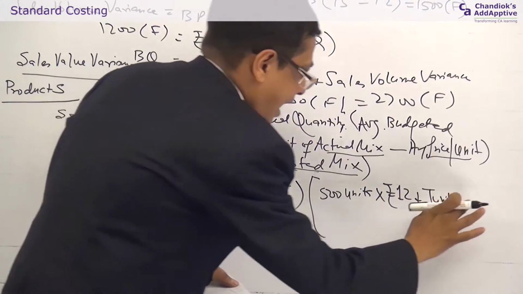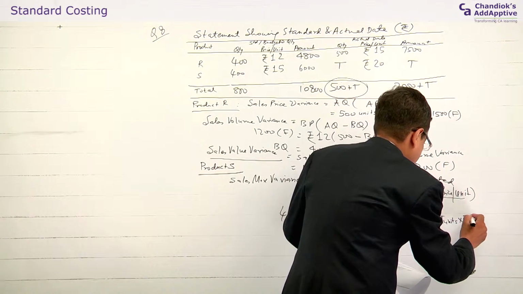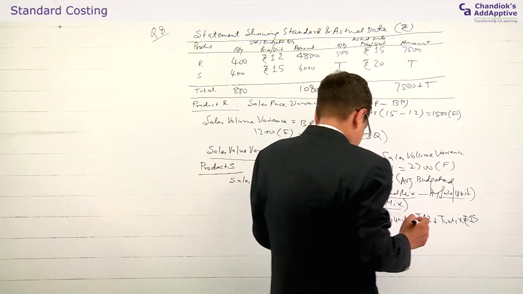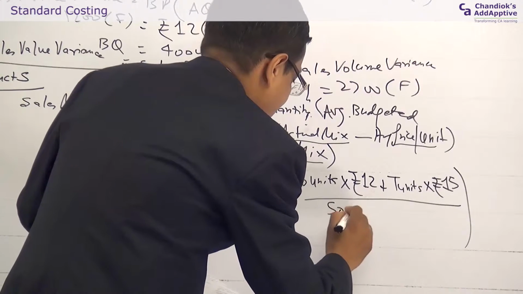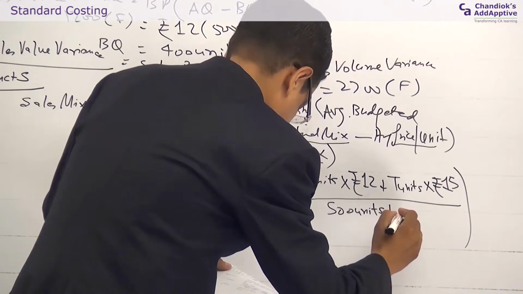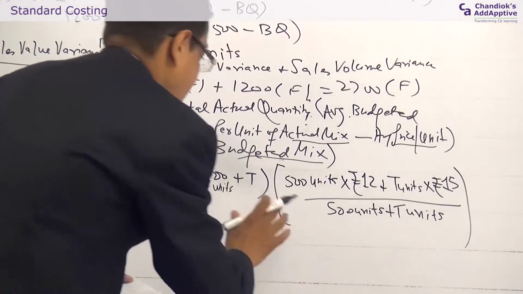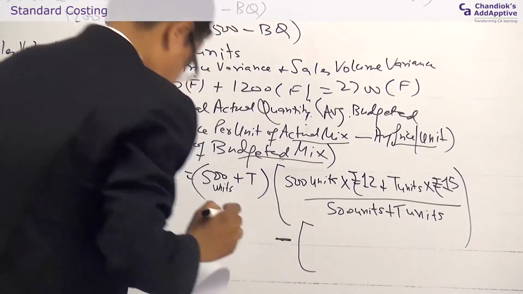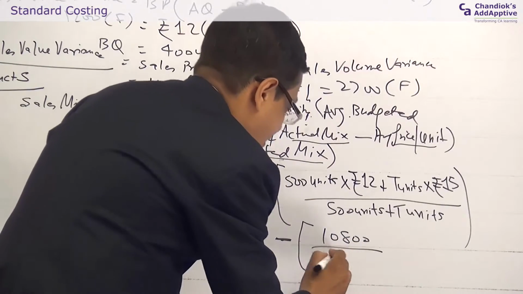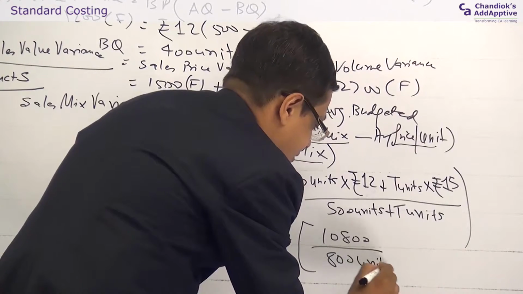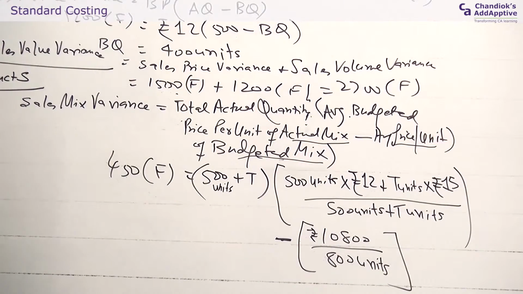This I have done for R, this I am doing for S, into rupees 15, divided by 500 units plus T units, minus 10,800 divided by 800 units. So, this is the equation.